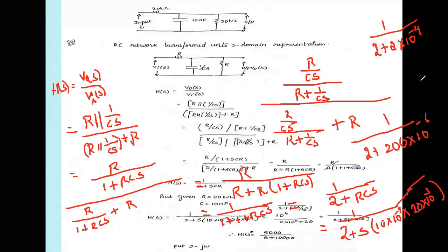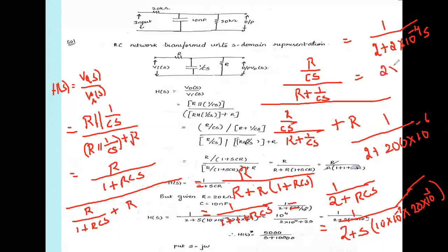Got it, my dear students? And the S term is also there. Again, you can simplify this function, and we'll get 10 power minus 4 as a denominator.